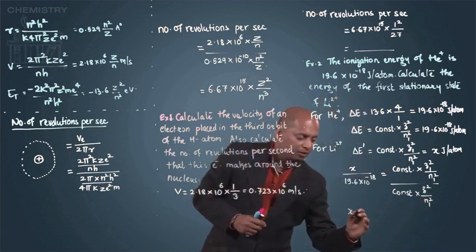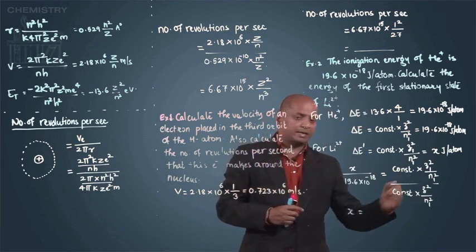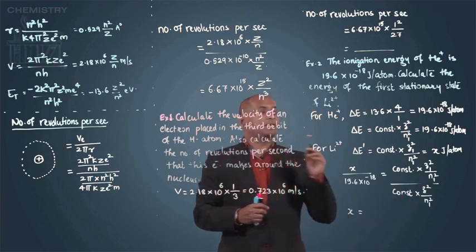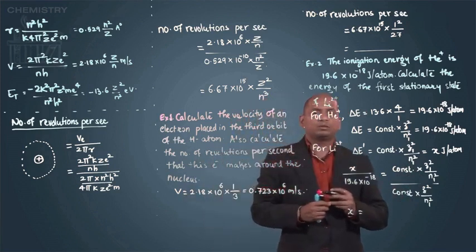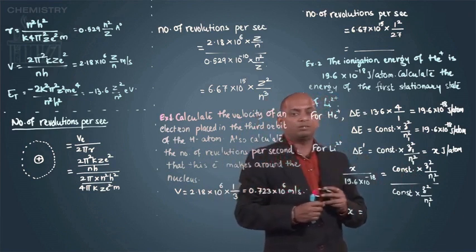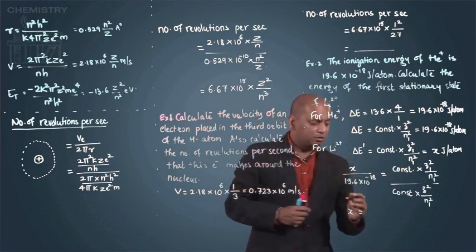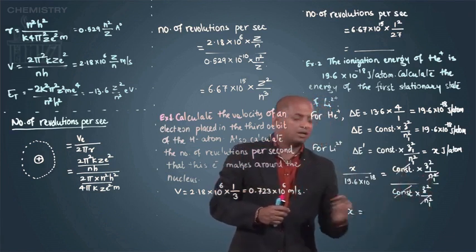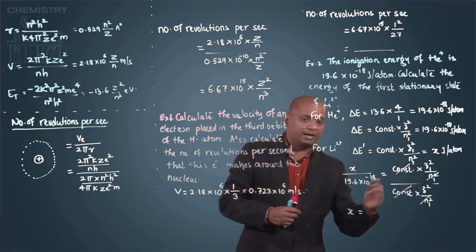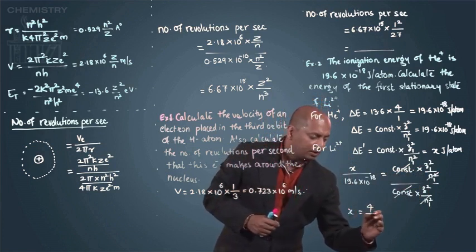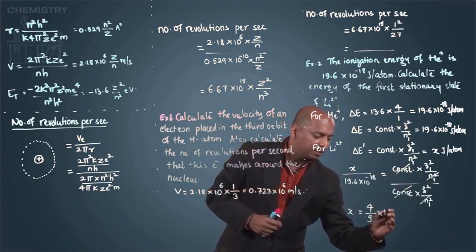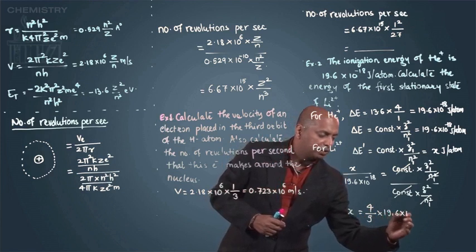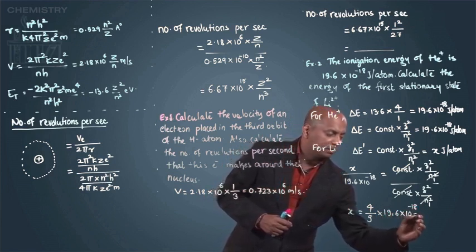So x is equal to, constant gets cancelled, Z for helium is 2, so that becomes 4, for lithium it is 3, so that becomes 9. This gets cancelled, this gets cancelled, so we have 4 by 9 multiplied by 19.6 into 10 raised to minus 18.